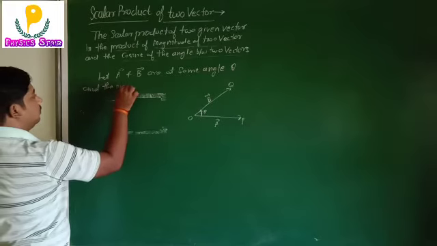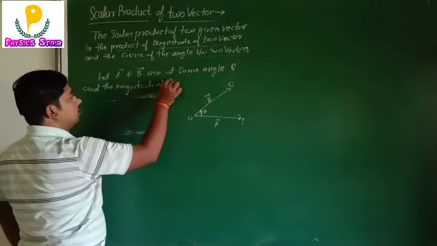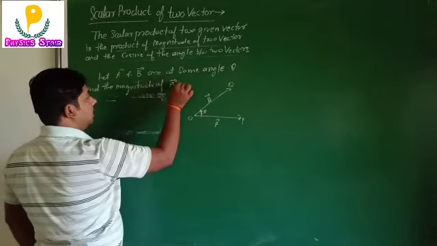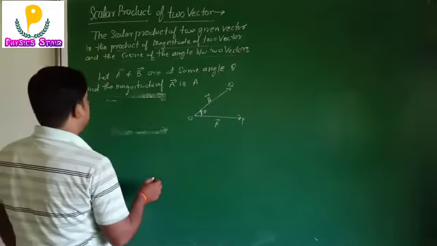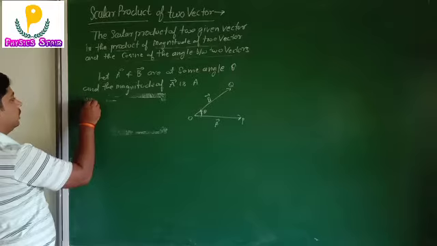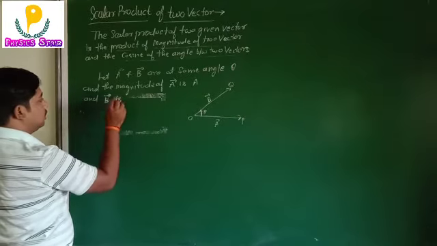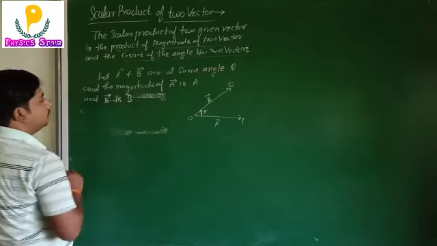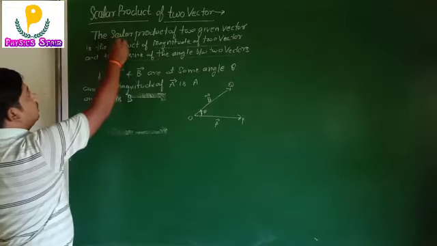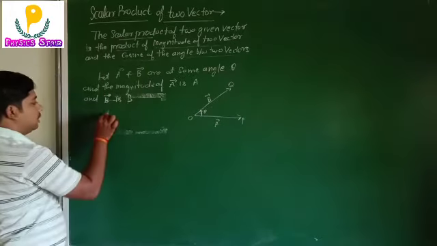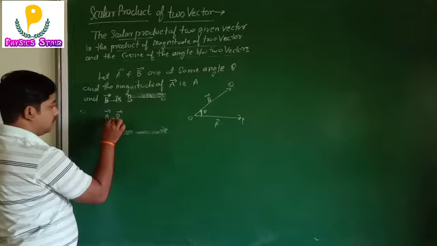Okay, and the magnitude of vector A is A and vector B is B. Okay, in that case, when we consider the scalar product, that means this is vector A and vector B with the scalar product.